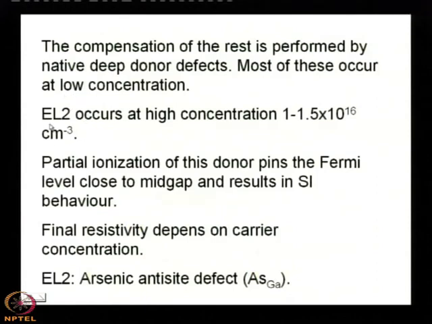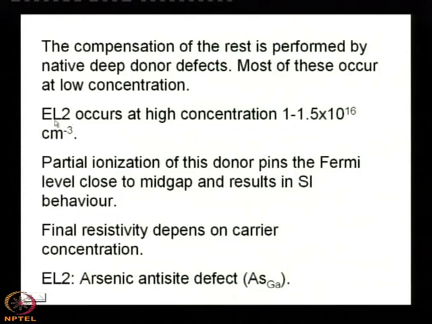EL2, E and L stand for electron level. EL2 is basically electron level 2. There may be EL1, EL3, EL5, EL7, there may be many electron levels. Electron levels are basically donor levels. Hole levels are basically acceptor levels.